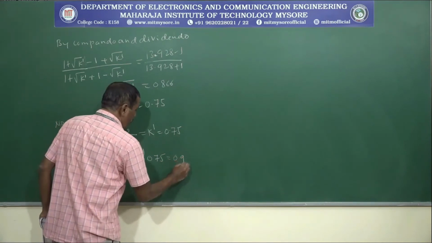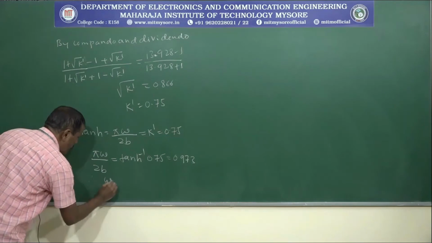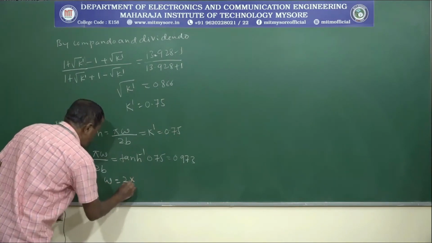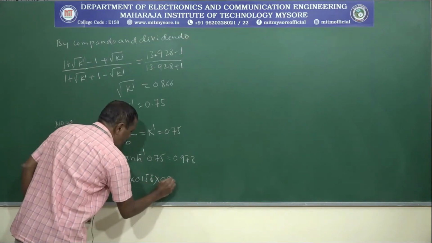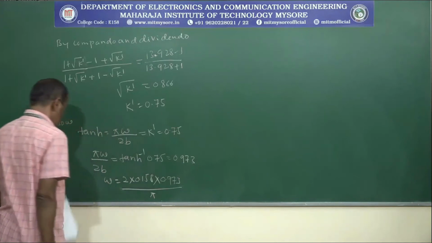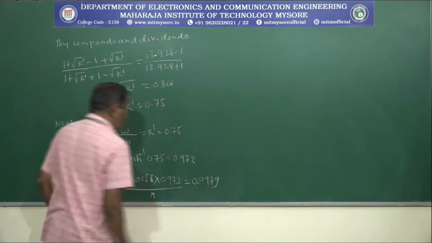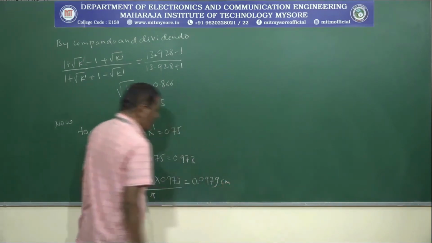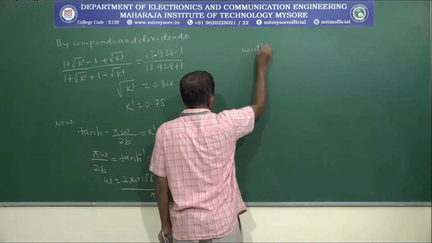So this is equal to 0.973. Therefore, w equal to 2 into 0.158 into 0.973, divided by pi, which is 0.0979 centimeters.